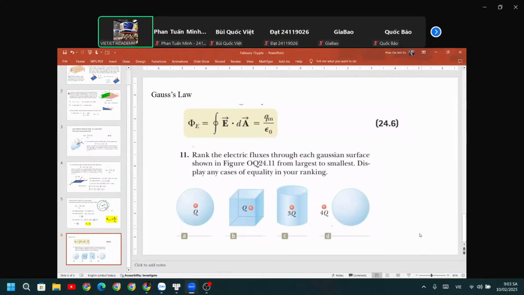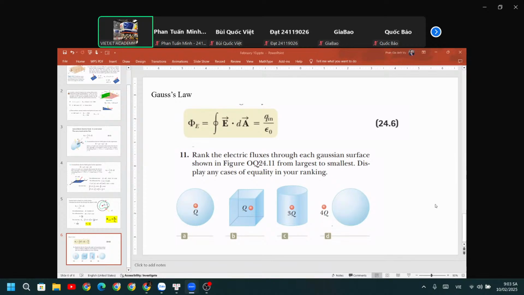Then we can apply the Gauss law to answer some questions or solve problems. This is the first example. Let's rank the electric fluxes through each Gaussian surface. Gaussian surface is the surface we use to apply the Gauss law, right? We call it Gaussian surface.